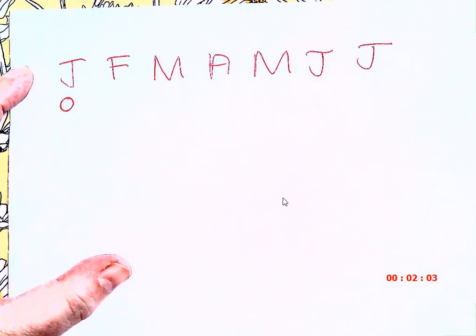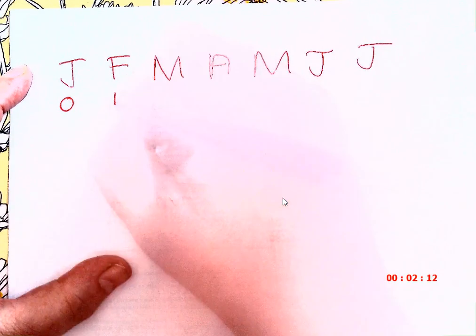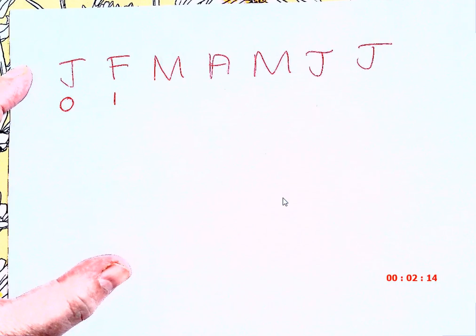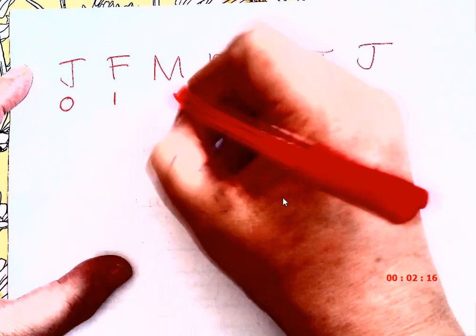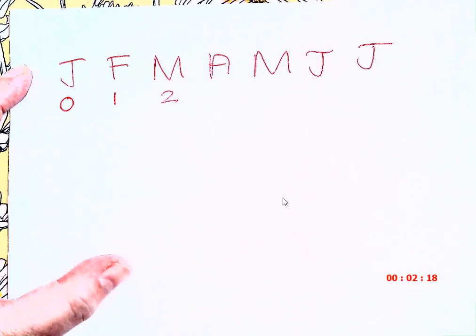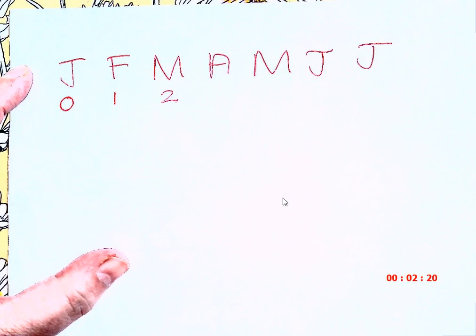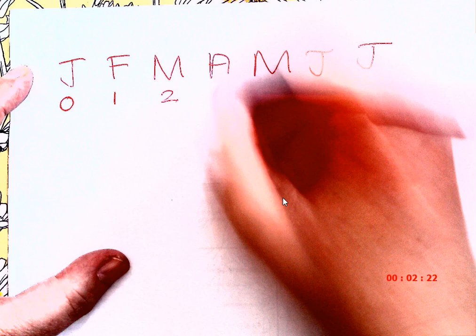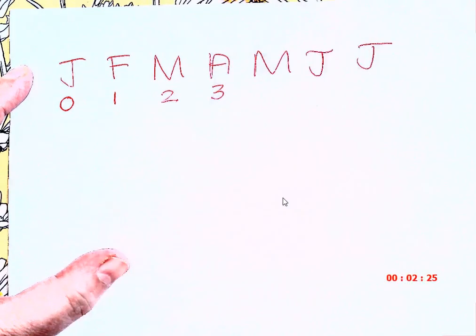The month following January is February. 2 months following January is March. 3 months following January is April. You see that? So that's the first one.